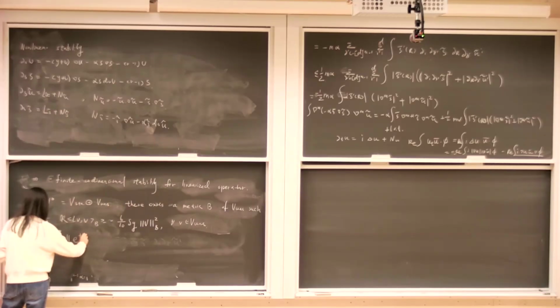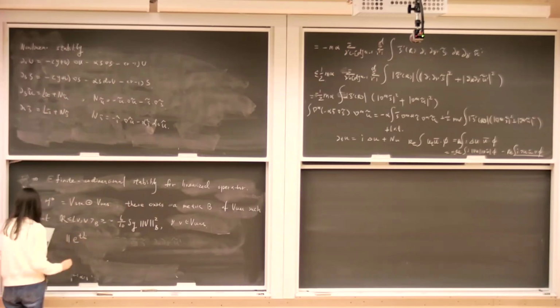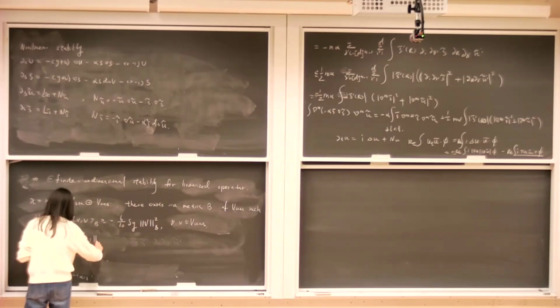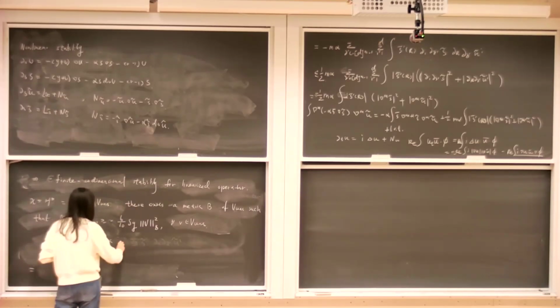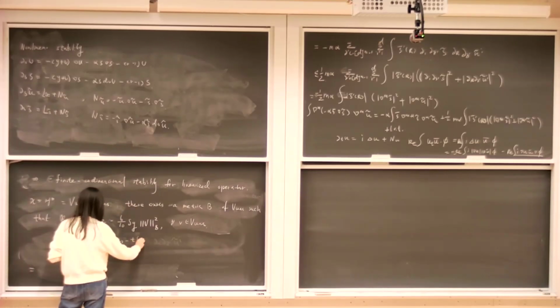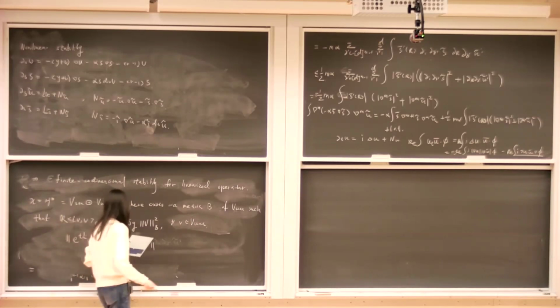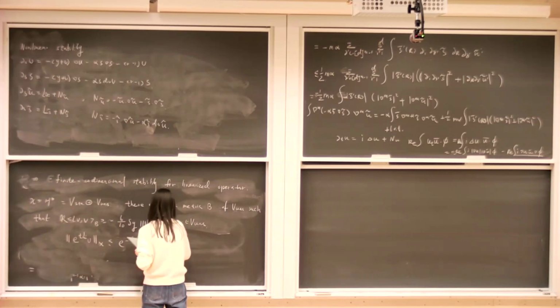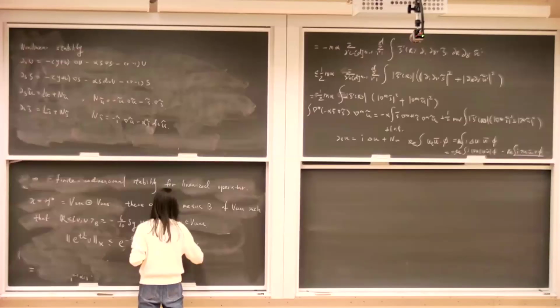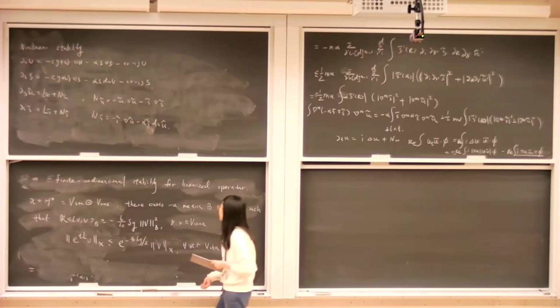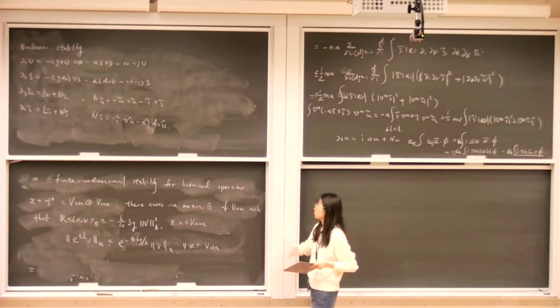And on the stable space, we have exponential decay. So we will use this to apply our nonlinear estimate.